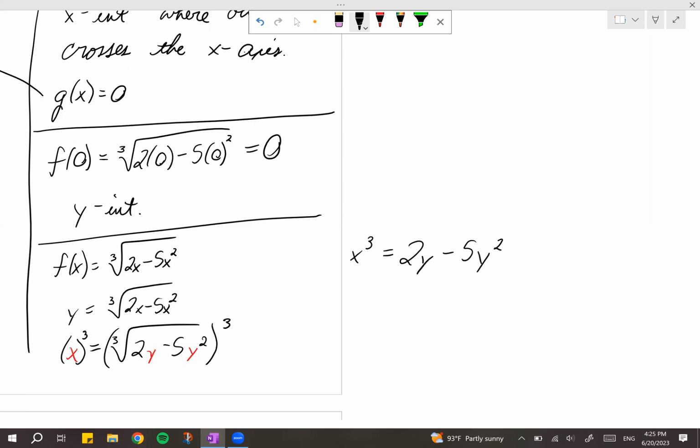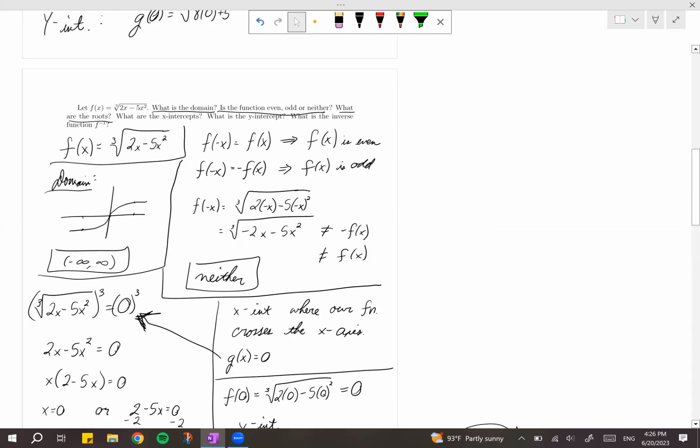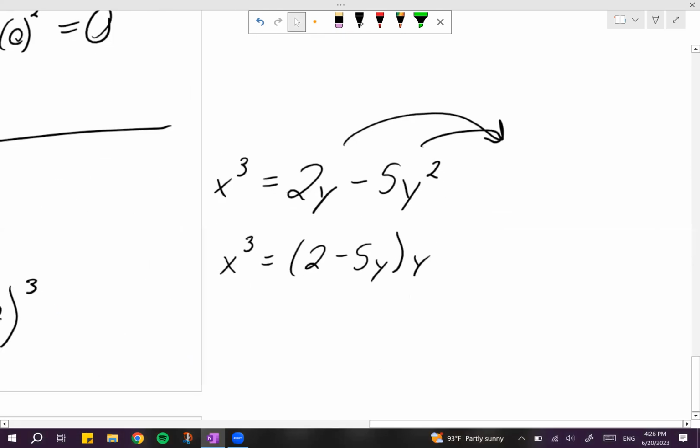All right. I can pull out a common y. I'm going to get x cubed equals 2 minus 5y times y. All right.